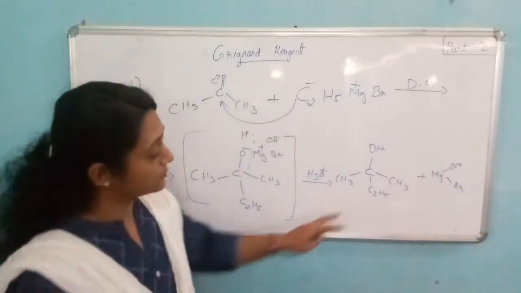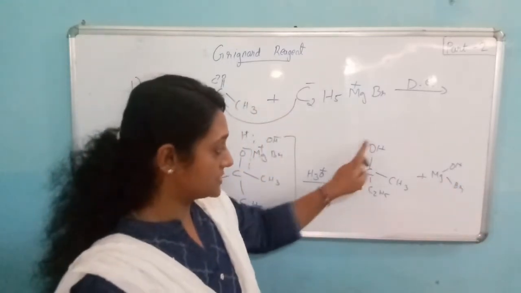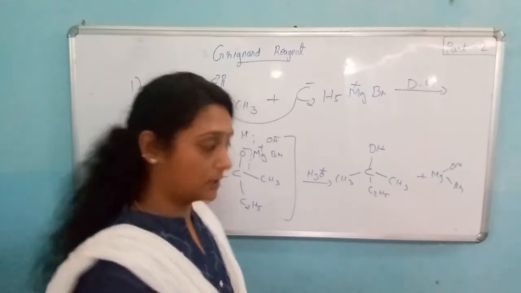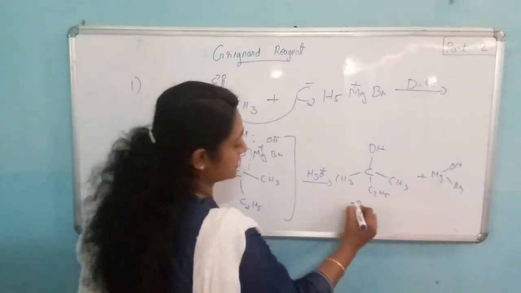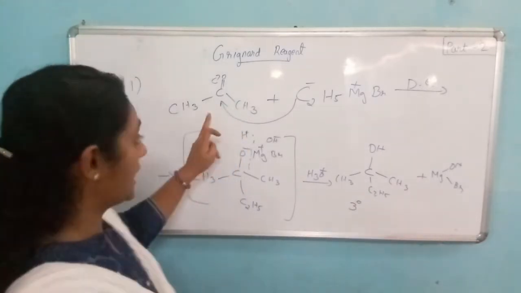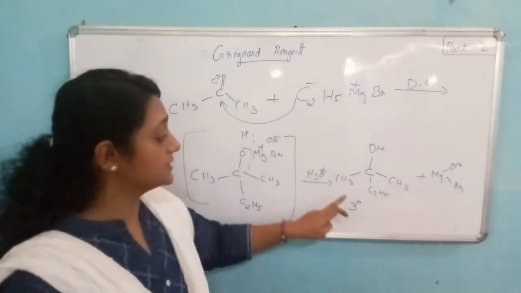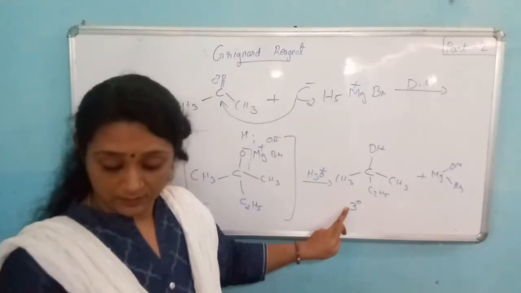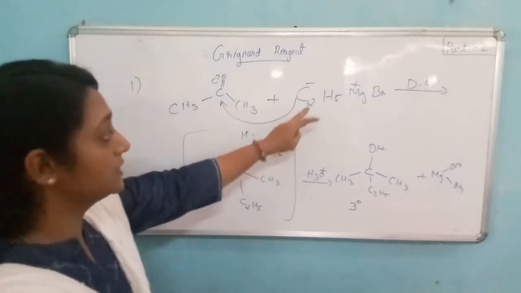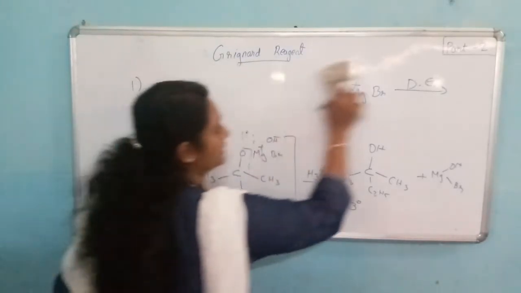And what type of alcohol is this? The COH is attached to three different carbon groups. So it is an example of tertiary alcohol. That is, from a ketone we get the product tertiary alcohol when treated with Grignard reagent in presence of dry ether.